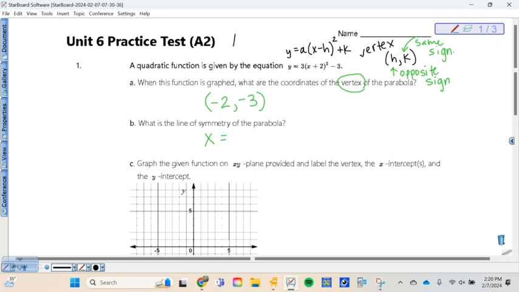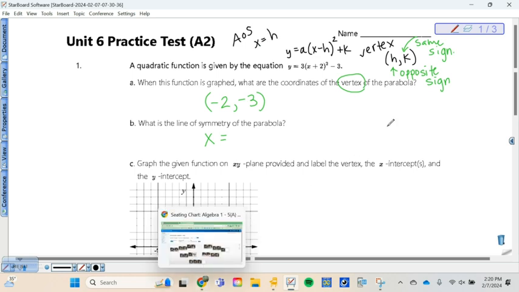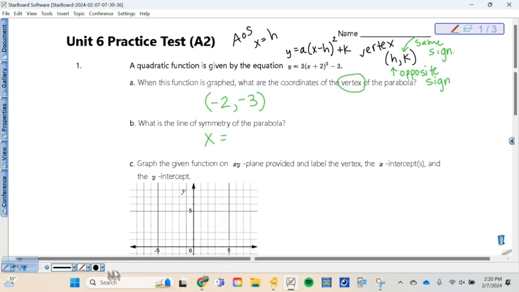My axis of symmetry is just X equals H. So we already figured out H is -2. So my axis of symmetry is just X equals -2. Right, and that makes sense if I think about my parabola. My axis of symmetry is that vertical line going through the vertex. Okay, so it has to be that. All right.